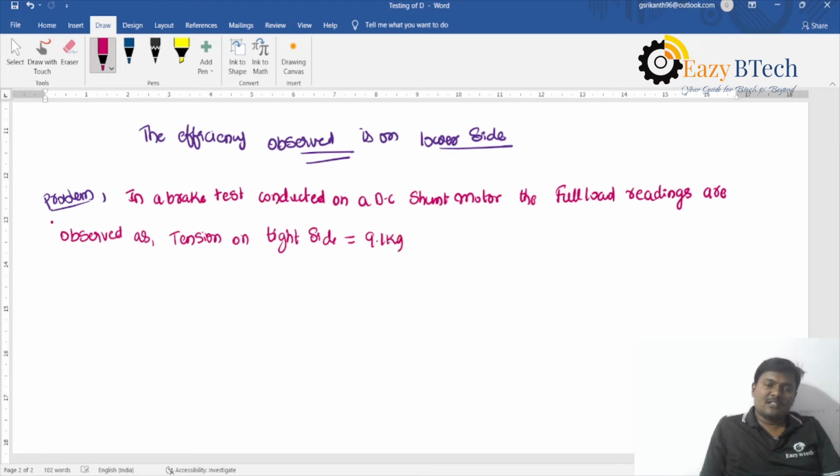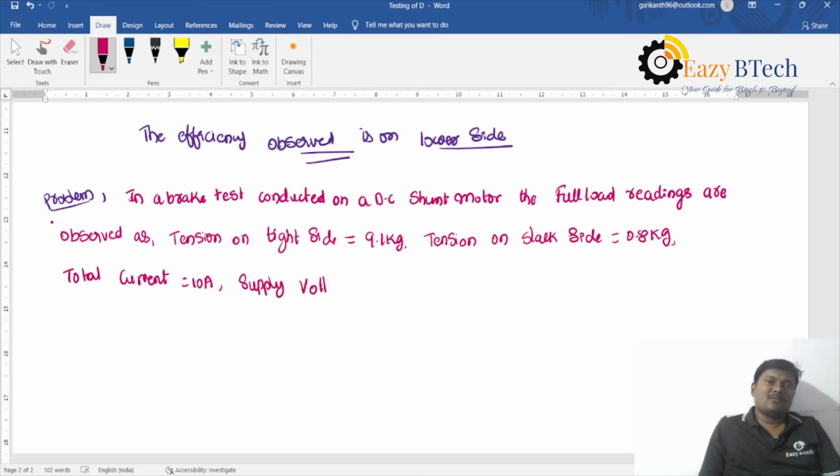Tension on the tight side is equal to 9.1 kg. Tension on the slack side is equal to 0.8 kg. Total current is equal to 10 amperes.